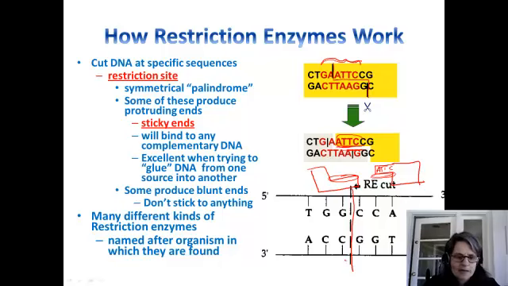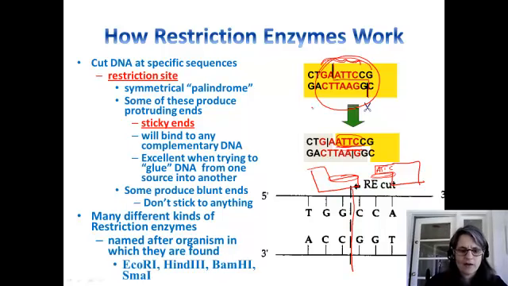Now, there are many types of restriction enzymes, and they all cut at a slightly different palindrome, so they'll recognize different restriction sites, and they have been named after the organism in which they were found.